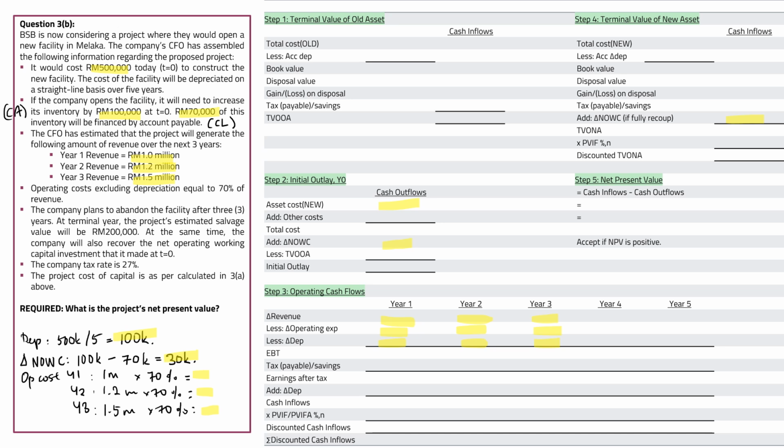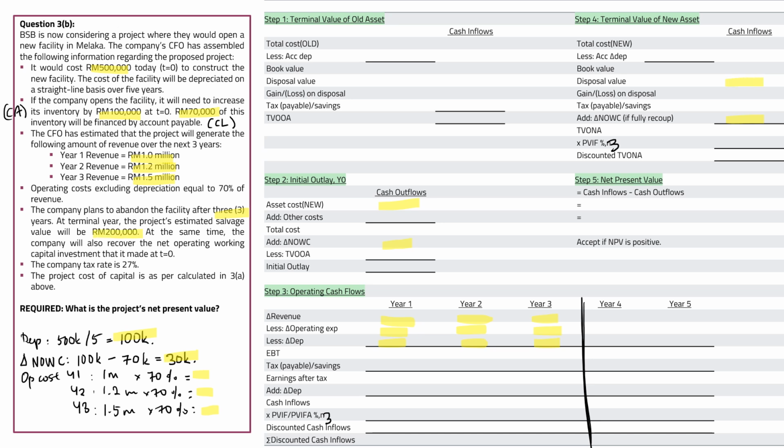The company plans to abandon the facility after 3 years. Okay, so it is confirmed. We stop at year 3 and our N is going to be 3. So everything ends after 3 years. At terminal year, the project's estimated salvage value will be 200,000.